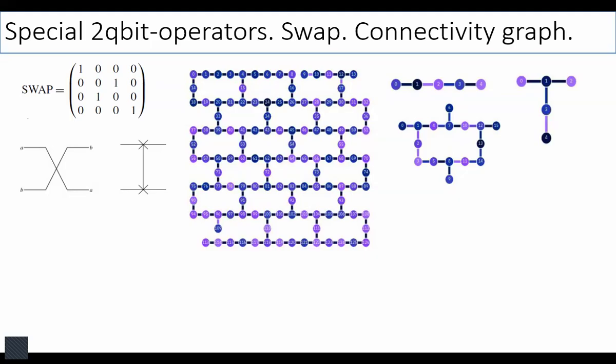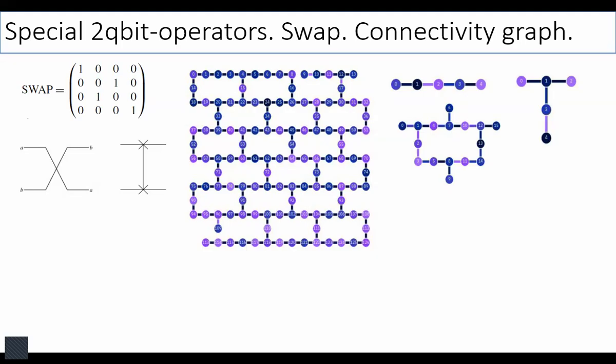You can apply a controlled NOT operation only to nearby objects, not to a far enough object. And in all quantum computers there is a connectivity graph. You have qubits with numbers, some of them are connected and some of them are not. You actually have much fewer connections than non-connections.